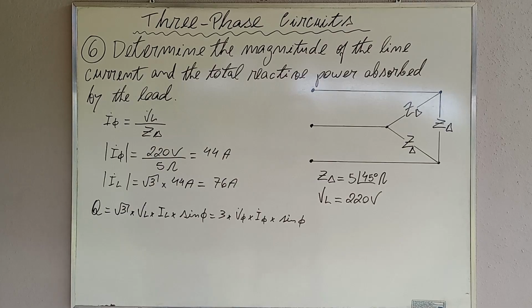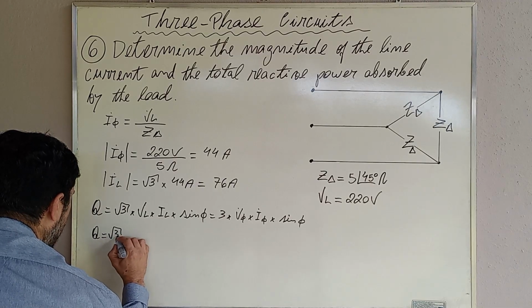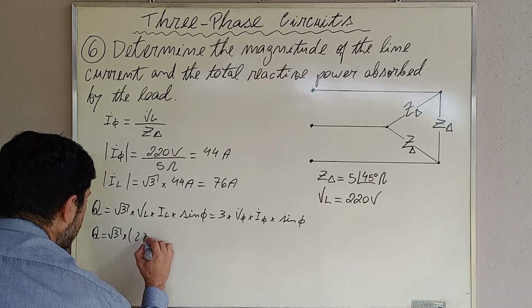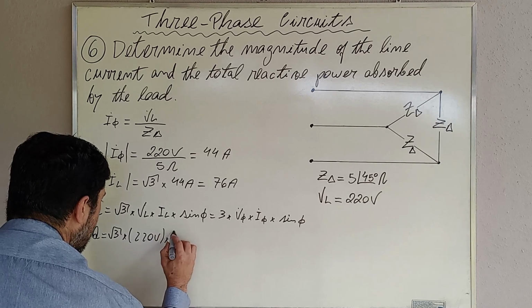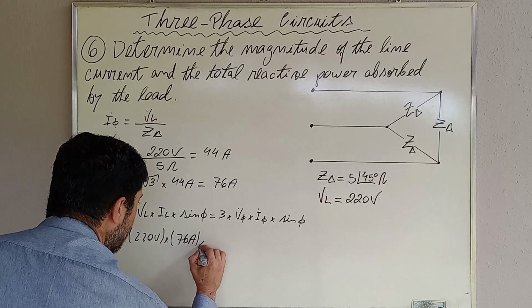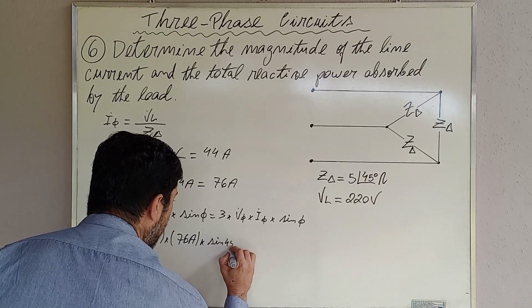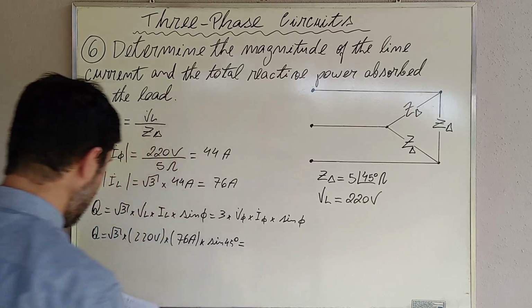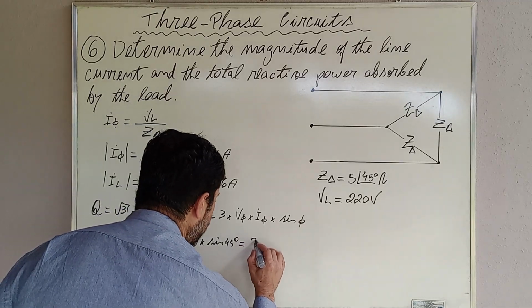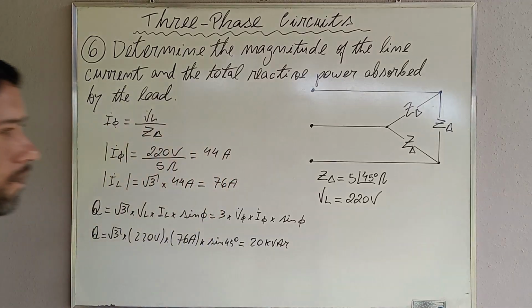Let's use line quantities. Q is equal to the square root of 3 times 220 volts times 76 amps times the sine of 45 degrees, and this is equal to 20 kVAR.